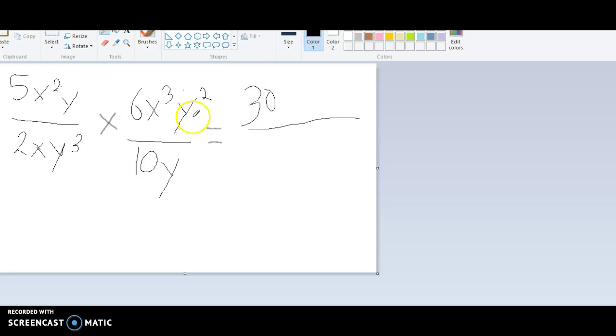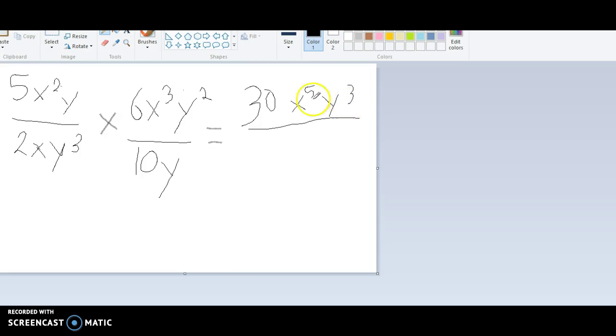And you have to see if the variables are the same, x and x, and then you just add the degrees, so it'd be x to the 5th power. And since there's a y here and a y here, we add their degrees. So it'd be y to the 3rd power.